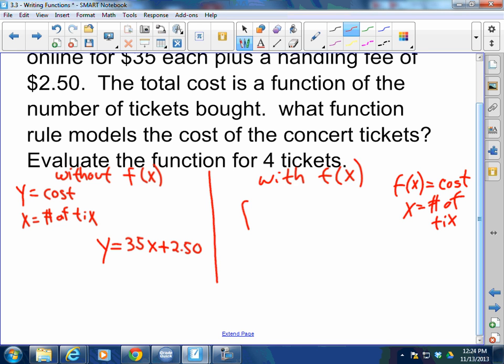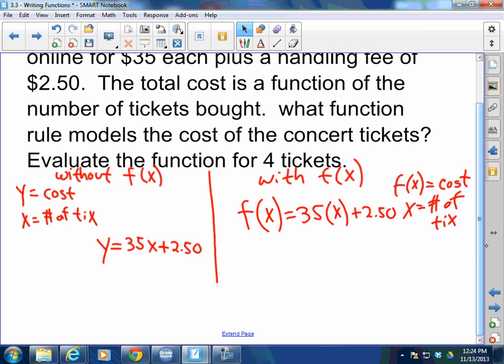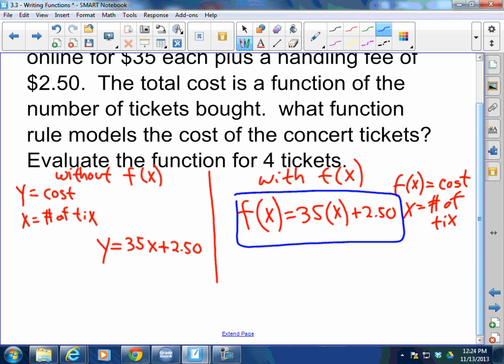So my f of x, function f with independent variable x, equals $35 for every x ticket plus $2.50. This is identical to this, except I replace f of x with y. No big deal.